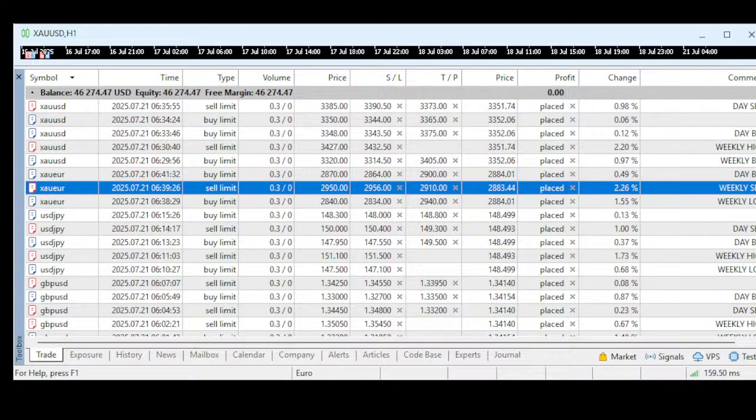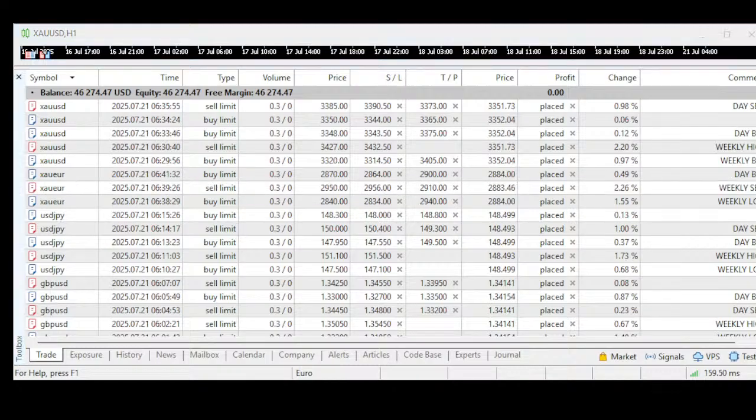Then the day target, what we are expecting is either the 2890 has to break. If it breaks, then we can see 2905. Okay, so that should be our day sell.